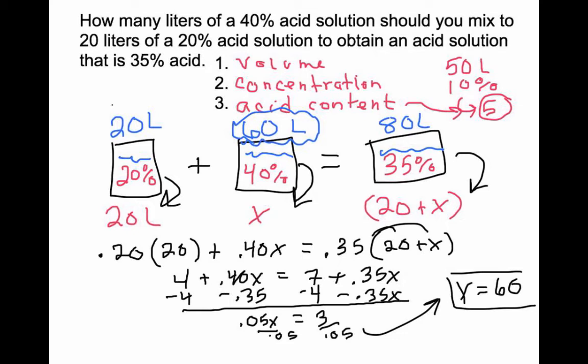Now, finally, the acid content comes into this matter when we're mixing the quantities on the left: the acid content needs to equal the amount of acid on the right-hand side. So when I mix these 20% and 40% solutions together, it needs to have 35% of that volume of 20 plus x. So that's why they're equal to each other.